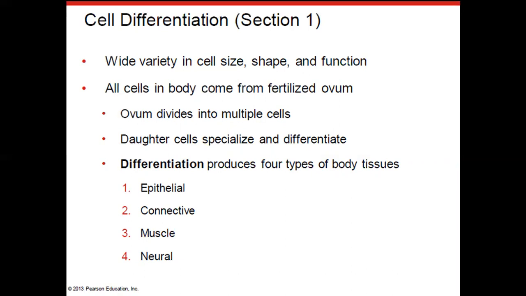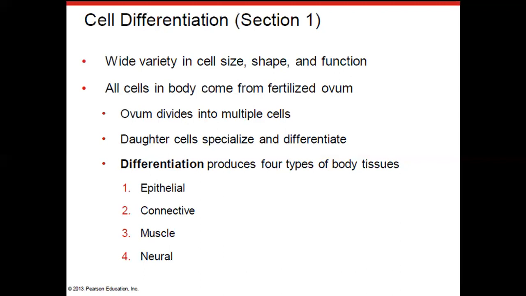Epithelial tissue. Epi means on top of, or above. Epithelial tissue lines, like you can find epithelial tissue in your skin. So you can look at the back of your hand right now. You're looking at epithelial tissue. It's on top of you.